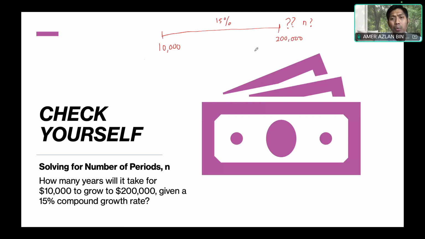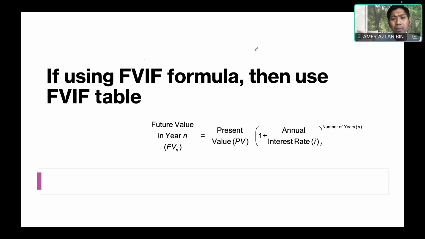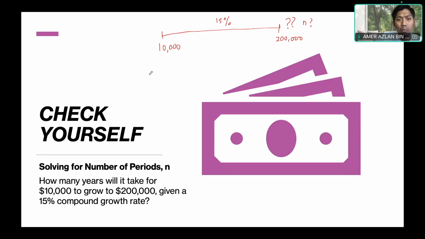Now, we can calculate this either using the future value formula or the present value formula. So you have two options. Number one, either use the future value interest factor formula, or you can use the present value interest factor formula. That's what we have covered just now.